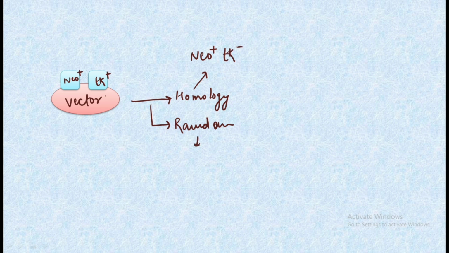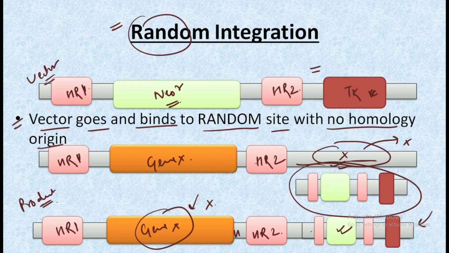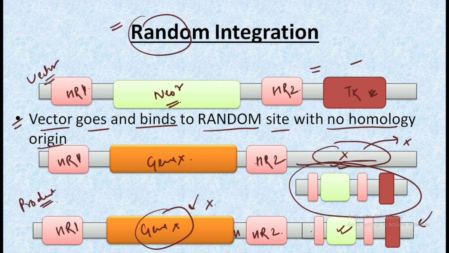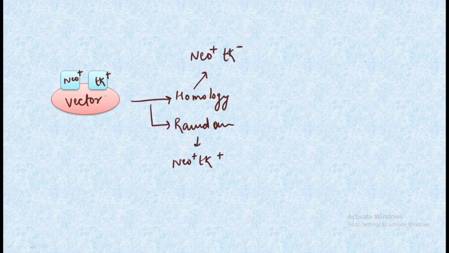But in the random, both the neomycin and the TK were present, because as we have just studied, in case of the homology we do not have the TK, but in case of the random integration we have the presence of the TK.